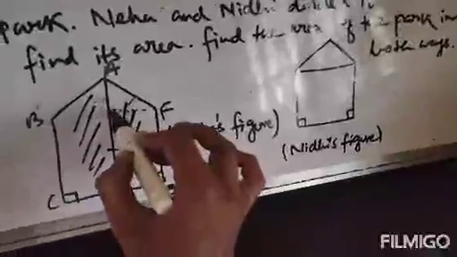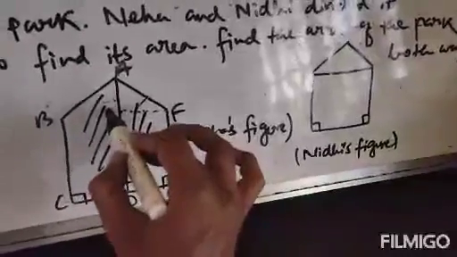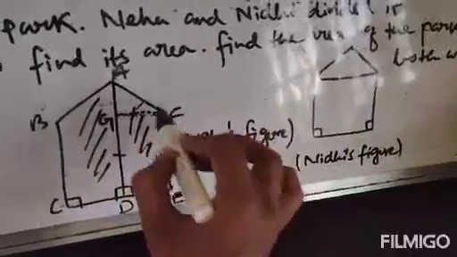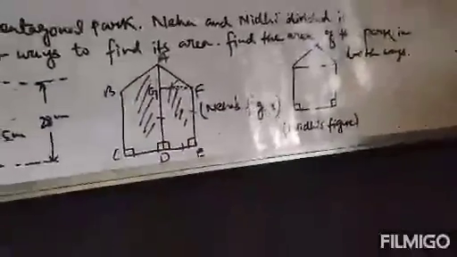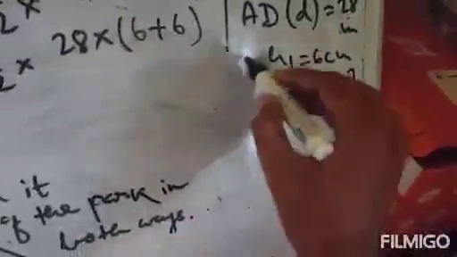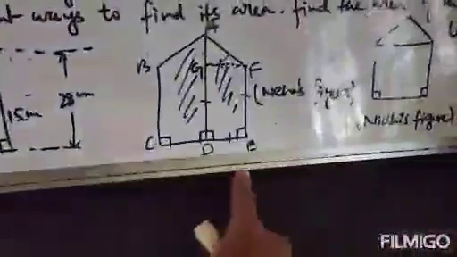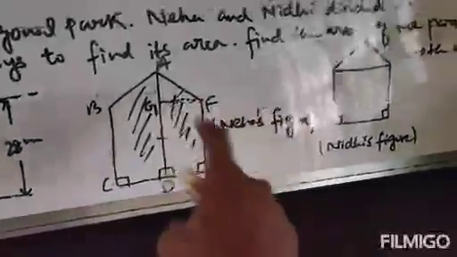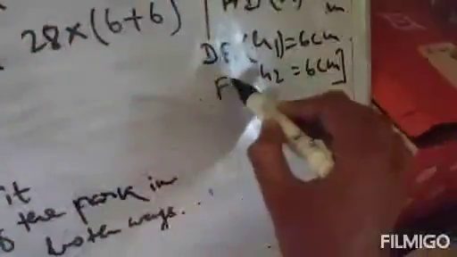If this is a point G, suppose this is a point G, if I consider h1 as DE, and if I consider G as h2, this is 6 centimeter. Clear?